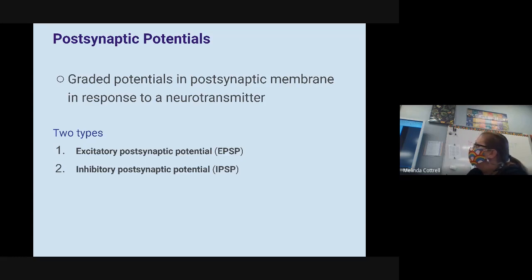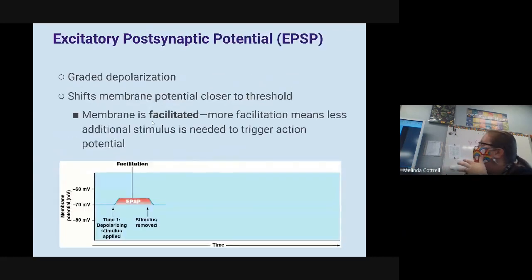Postsynaptic potentials. There are two types, an excitatory and an inhibitory. So let's talk about those two types. And these are graded potentials. They're dealing with the membrane and a change in the membrane potential. Okay, let's talk about excitatory first. If you look on page 426, we're going to talk about the bottom graph there as we describe this.